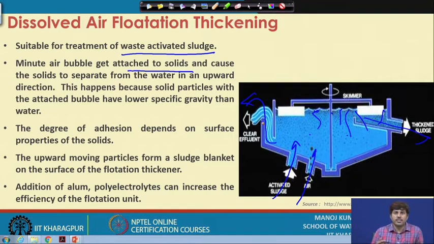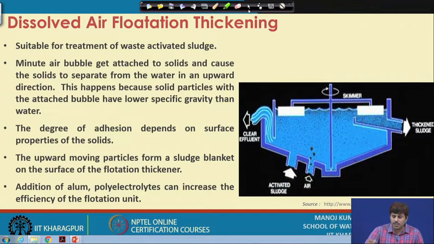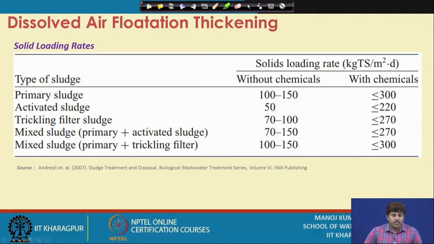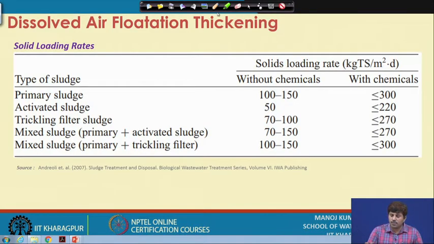The degree to which this adhesion happens depends on the surface properties of the solids. The upward moving particles form a sludge blanket on the surface of this kind of flotation thickener. We can add alum or polyelectrolyte that can increase the efficiency of these systems. The loading rate in the dissolved air flotation thickener is of this range.